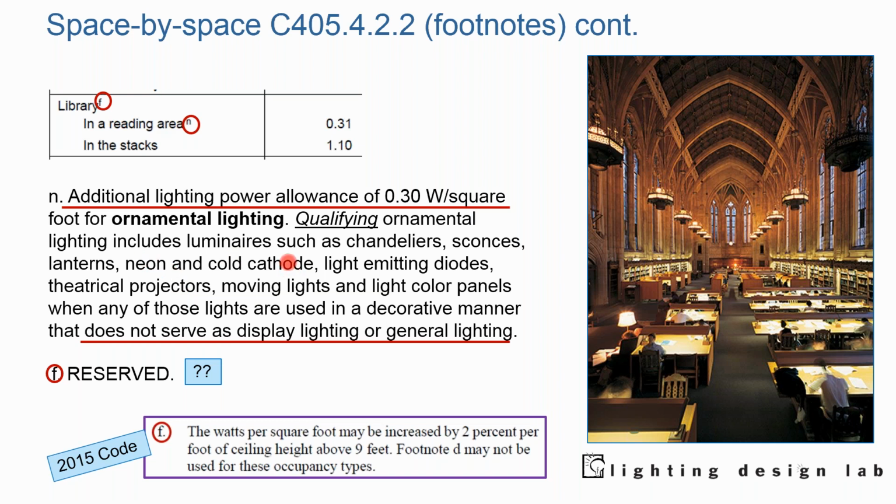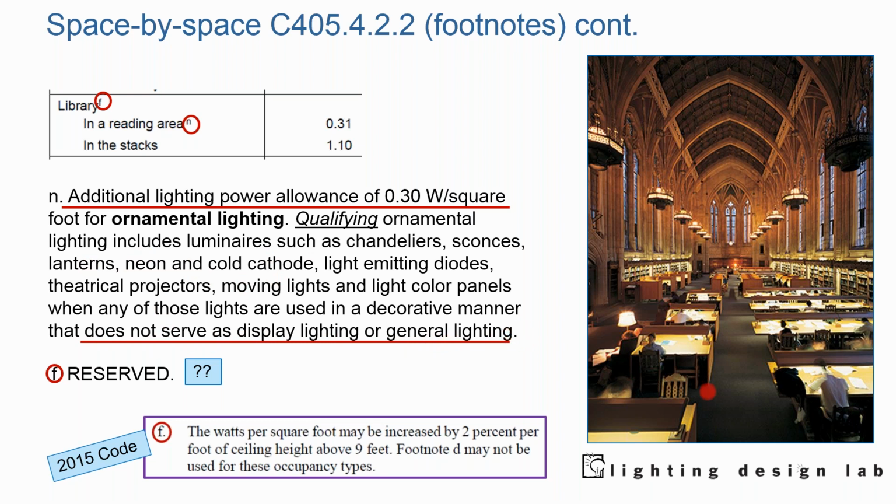So here's another one from the footnote. So a library, footnote F, in the reading area is footnote N. So footnote N, additional lighting power allowance of 0.3 watts per square foot for ornamental lighting. Qualifying ornamental lighting includes all these things. It does not serve as display lighting or general lighting.